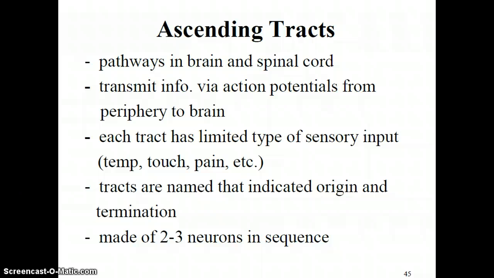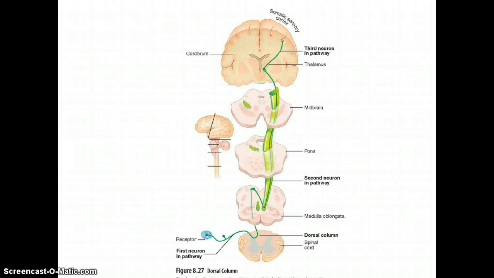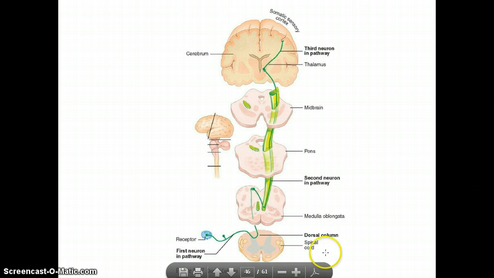Ascending tracts, you don't need to memorize what they are, but rather what they do. When something ascends, it goes up. It is sending information towards the central nervous system. So these are afferent fibers, and they are responsible for bringing sensory information from the exterior, from our environment, into the central nervous system. And this shows you some examples.